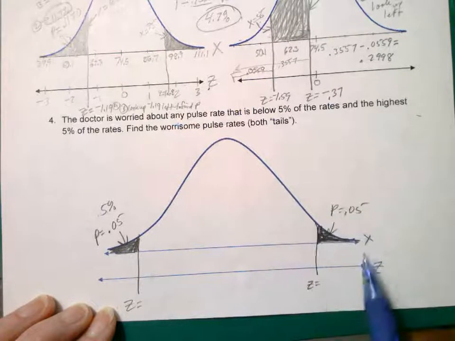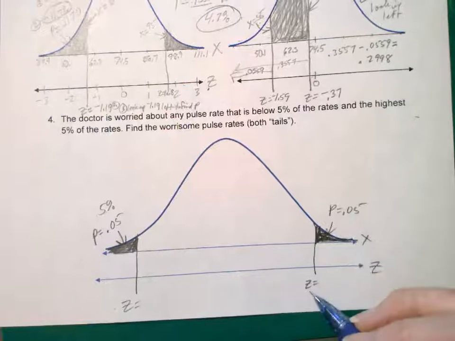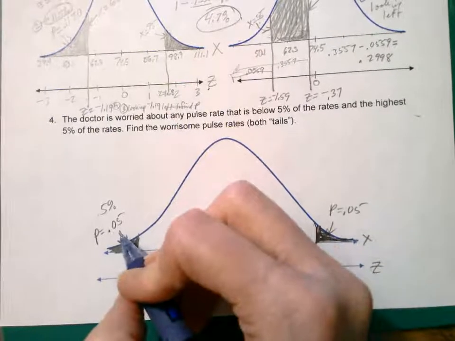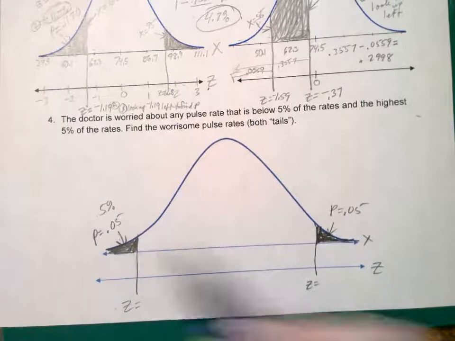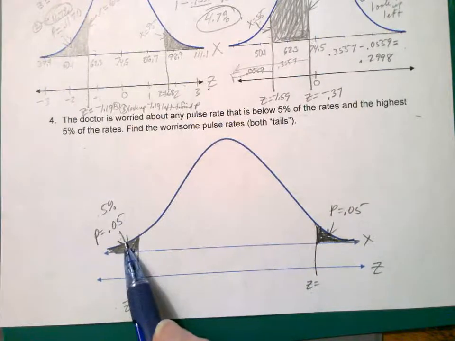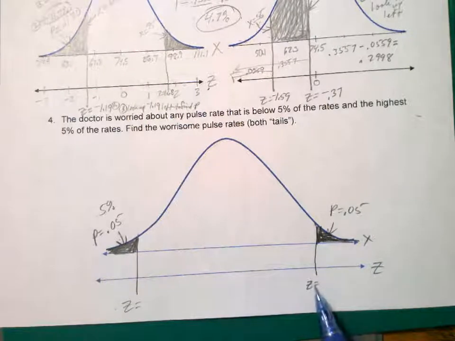Let's see, 5% below and 5% above. They didn't split the 5 between the two. All right, so I need the z-scores for this. On the negative, and whatever they are, they're the same.